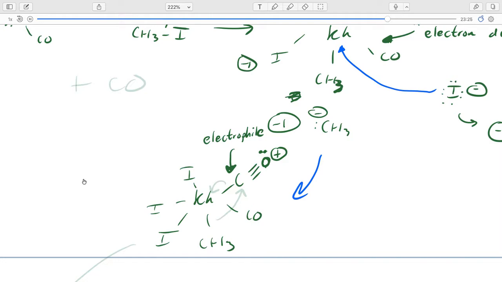Because it's triple bonded to oxygen, it's got a ton of electrons getting pulled away from it. Does that make sense? So what can happen next is that the bond between the rhodium and the methyl group can just attach to that carbon right there. So this pair of electrons between the rhodium and the carbon will just come off and drop onto the rhodium, like so.